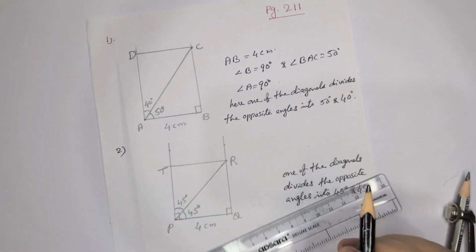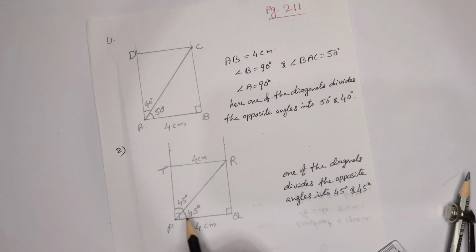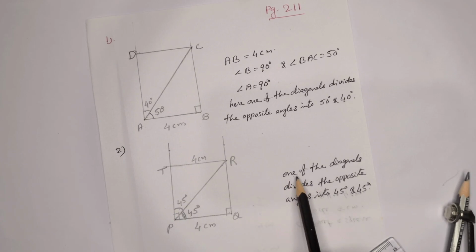So opposite sides are equal, and this angle is 90 degree. This is 45, this also 45. So the second question was to draw the rectangle such that one of the diagonals divides the opposite angles into 45 degree and 45 degree.